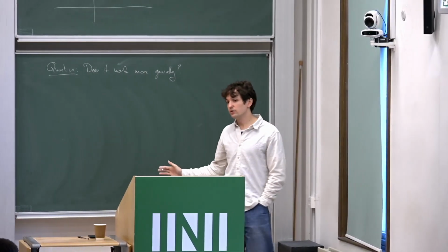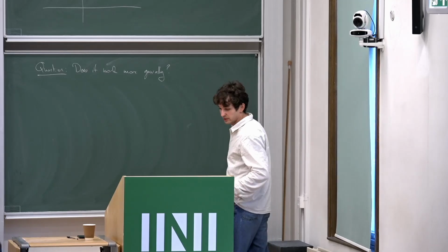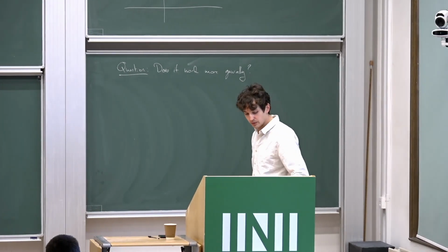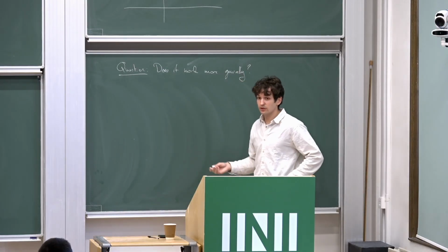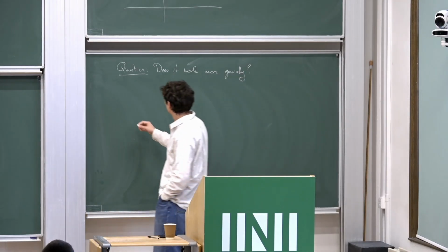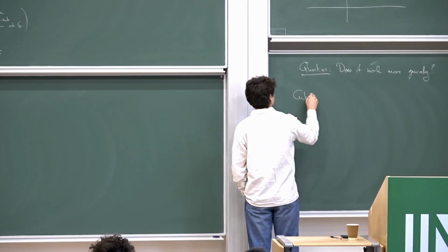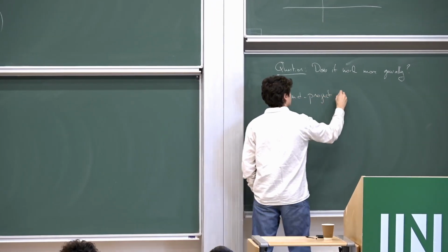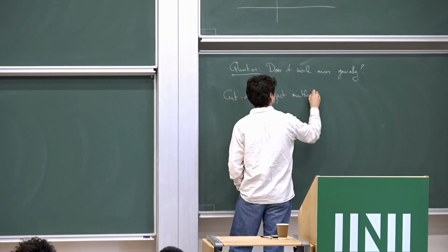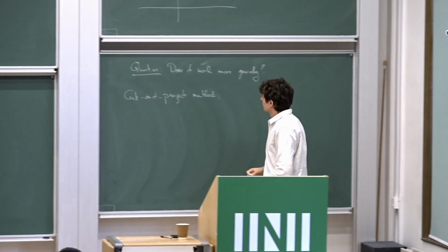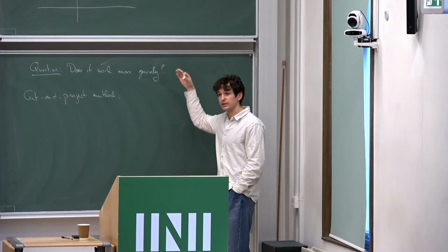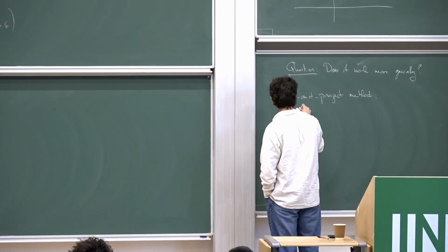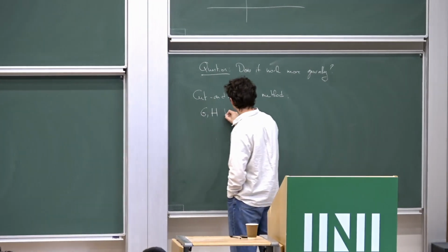What does that mean? You have to generalize this cut-and-project method. It turns out that it's not really that difficult to generalize. There's really nothing that prevents me from defining cut and project more generally. So I take G and H, two locally compact groups.